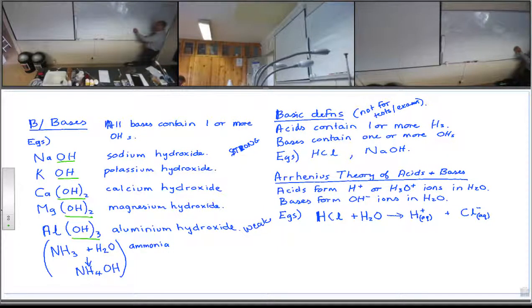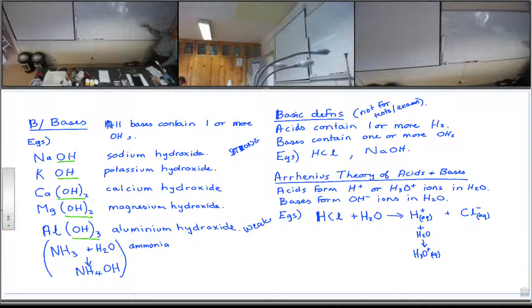HCl, you put it in water, it's going to split down there, H plus, Cl minus, H plus, Cl minus. What happens to that H plus plus other waters? It's going to form H3O+ (aq). Okay.